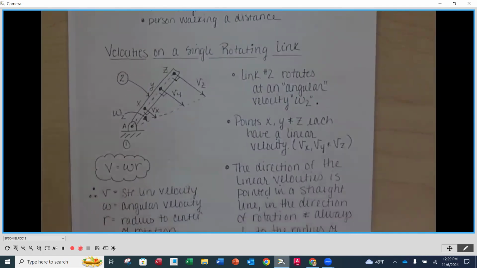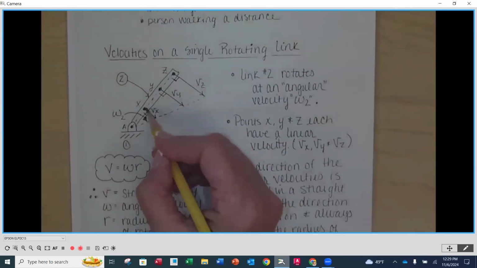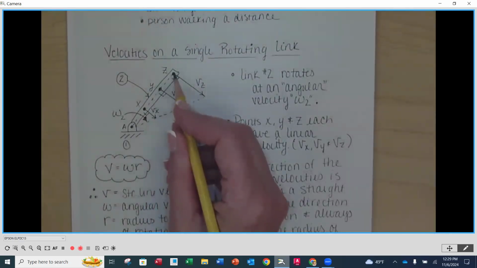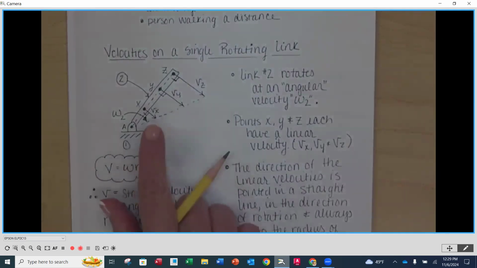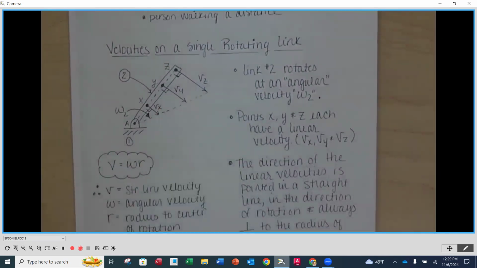Now, you'll notice that we have points X, Y, and Z along the length of link number 2. X is here, Y is here, and Z is here. Those are points on the link. Every one of those points is rotating on that link, but they also have a linear velocity component, and you see it drawn for each one of those points.